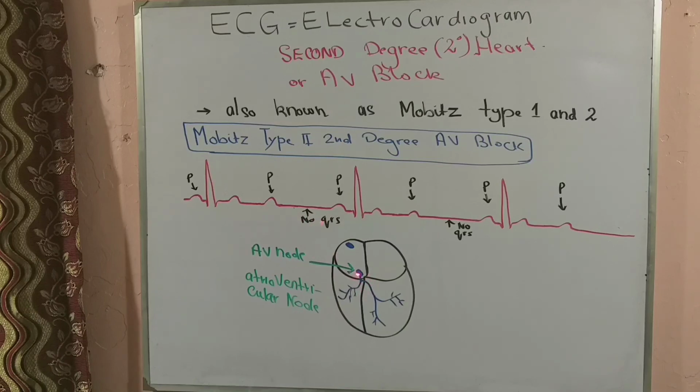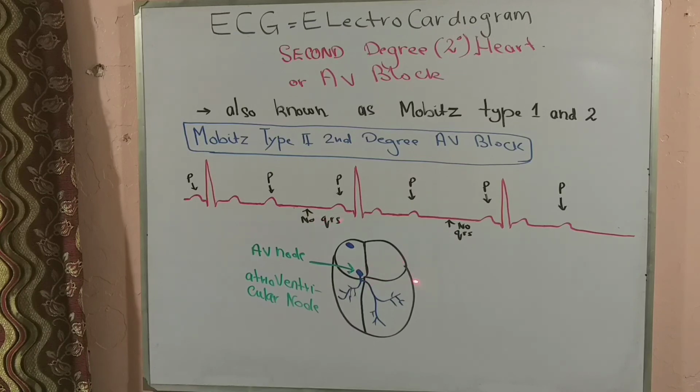Why? Because the impulse was not allowed to pass down the bundle branches and the Purkinje fibers to cause the depolarization of the ventricle. So no depolarization of the ventricle, no QRS complex. But again there will be a P wave, and between the two P waves there will be a duration and no QRS complex present.